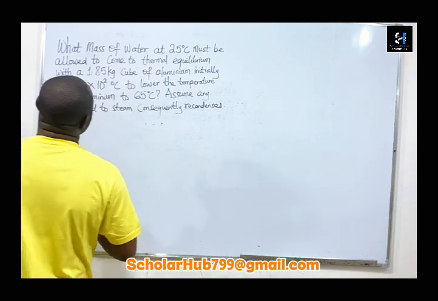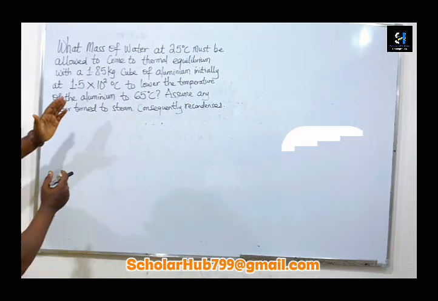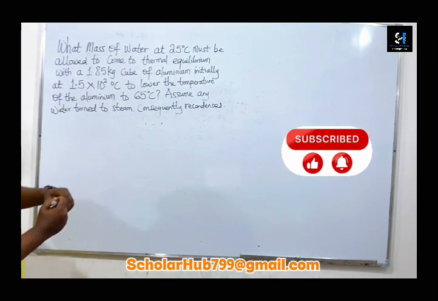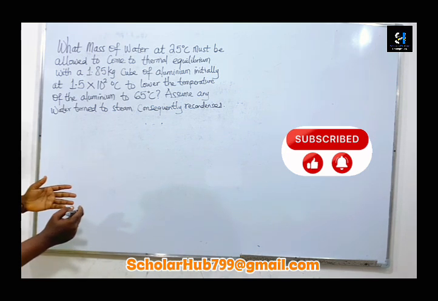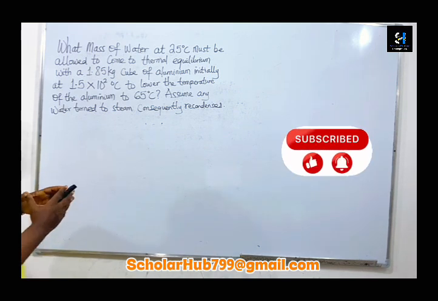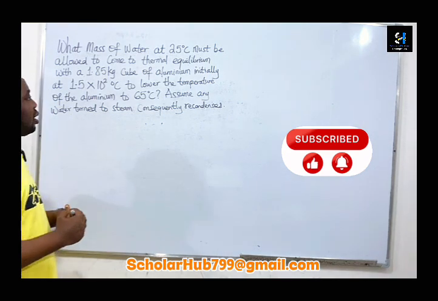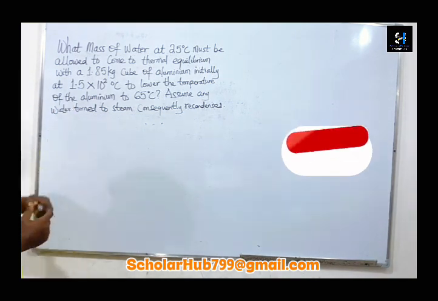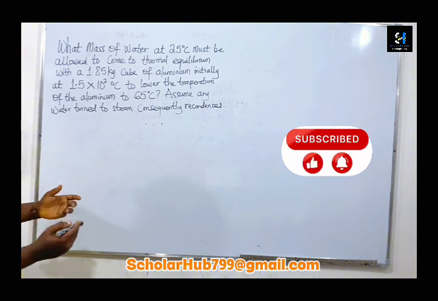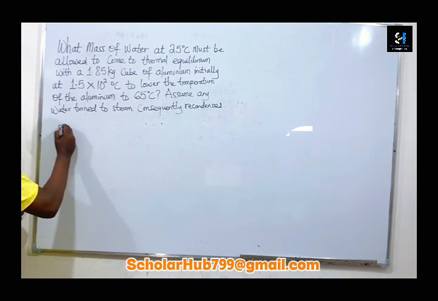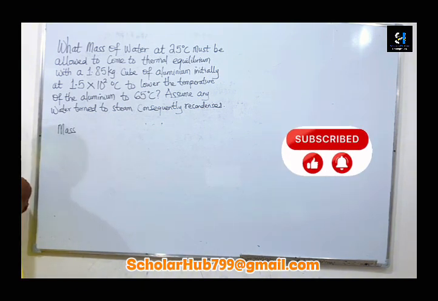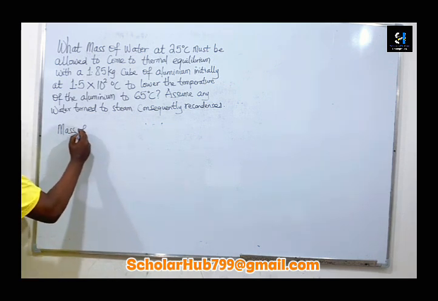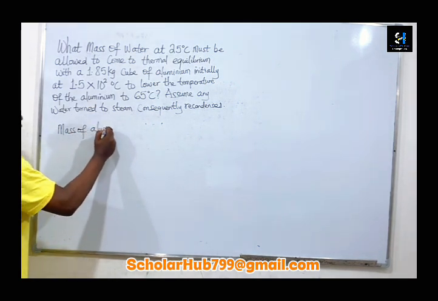In the question, what mass of water at 25 degrees Celsius must be allowed to come to thermal equilibrium with the aluminium cube? So we need to first write down the values we are given.